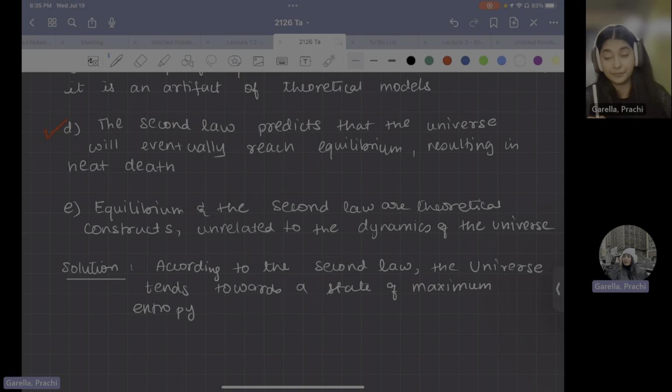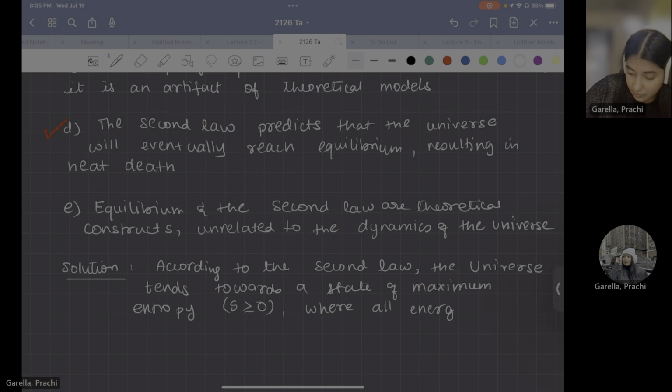Now, if you remember, in one of our previous questions, we talked about how entropy is always greater than or equal to 0, right?